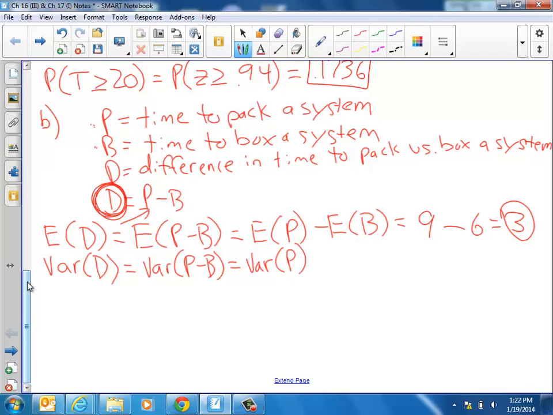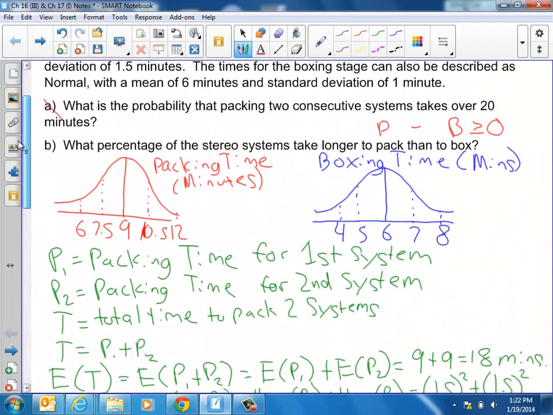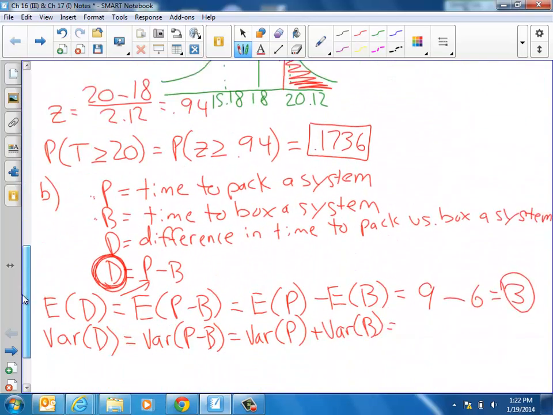So the variance of the packing time plus the variance of the boxing time here. Well, as you might remember, we've seen this quite a few times. The variances were not given to us. Standard deviations were. Standard deviation for packing time was 1.5. Standard deviation for boxing time was 1.